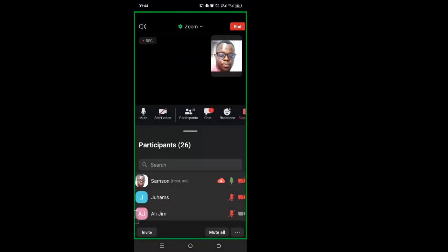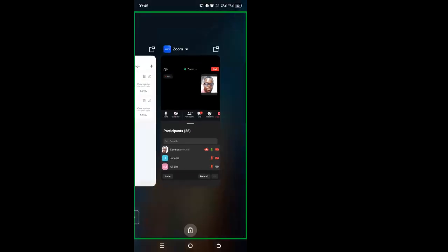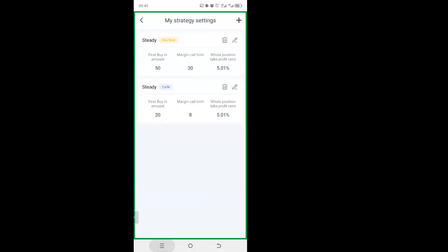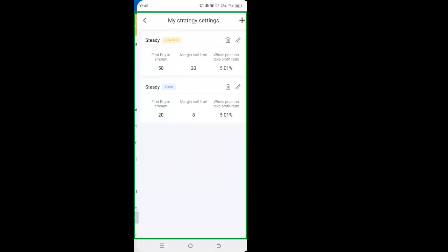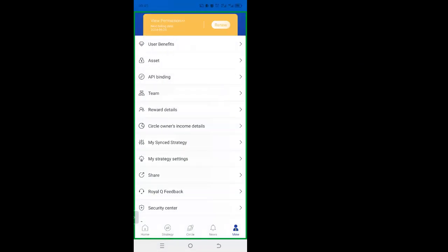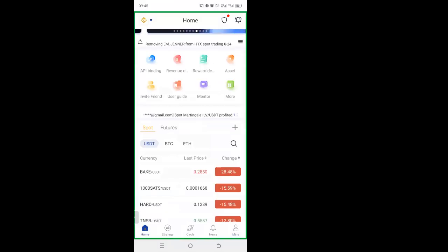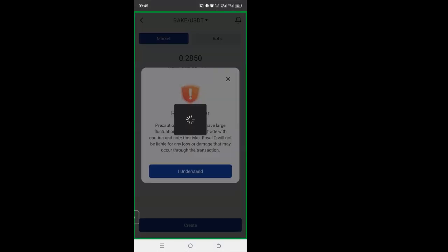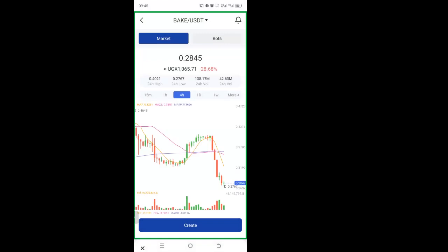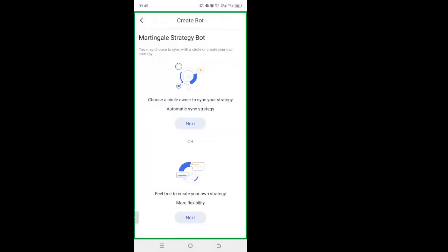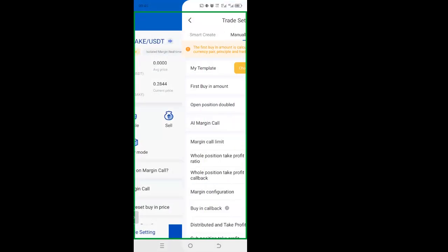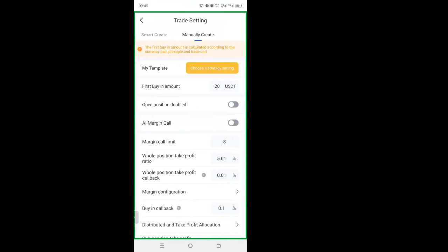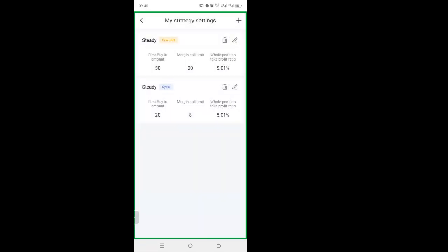So you can only come, they tell you in your trade, enter back current price, create here. When you reach here on your trade setting, you come and just click here, choose a strategy. You have your 1,000, you only come and click here.